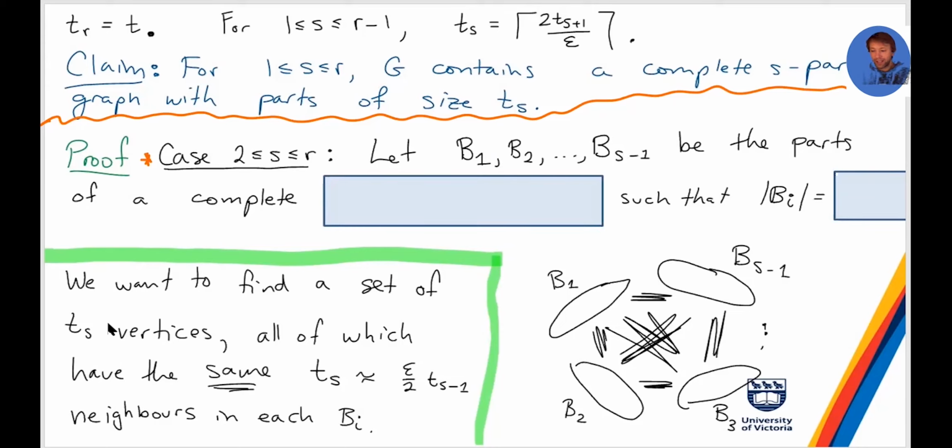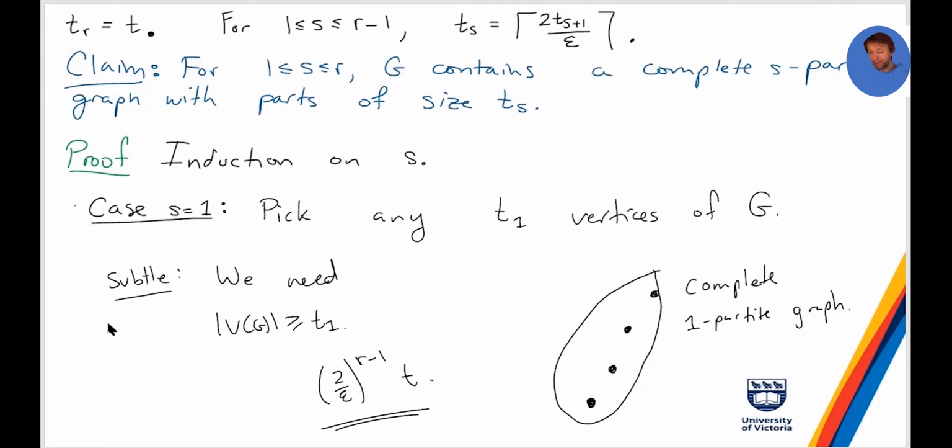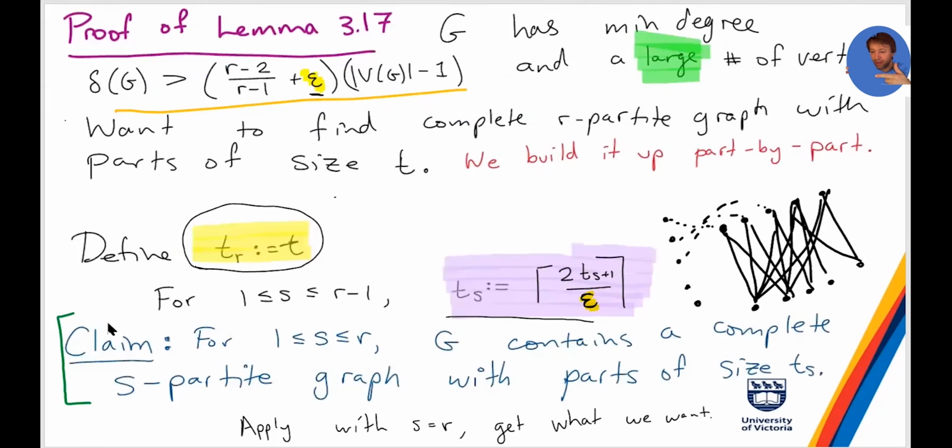We kind of have initialized it, but the way this was defined was kind of weird, kind of backwards. We defined T_R to be T. Let's make sure that I did initialize it. And then for each S, we defined T_S in terms of T_{S+1}. So that'll go all the way down to 1.